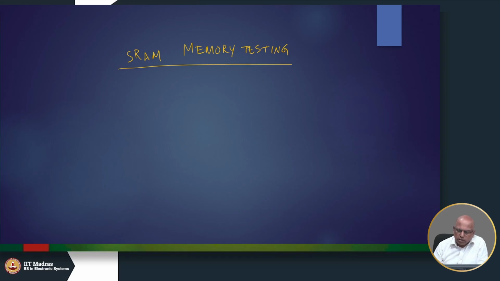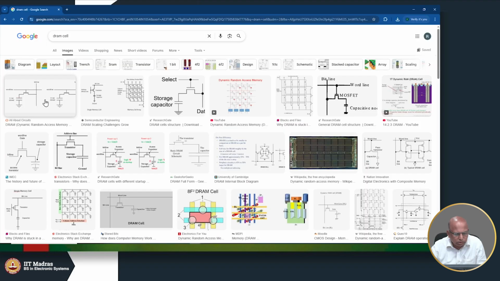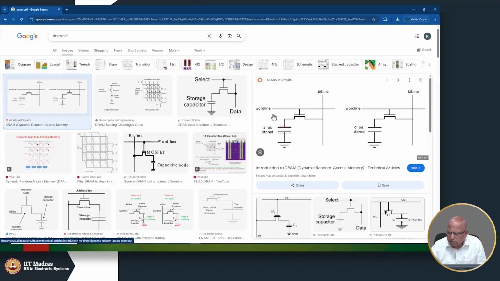It stores the value as a charge on a capacitance. So I can show you, can see, right? This is a very simple cell. There is only one transistor. So when you select the word line, you are sending a 1 on this NMOS transistor, causing it to get selected.